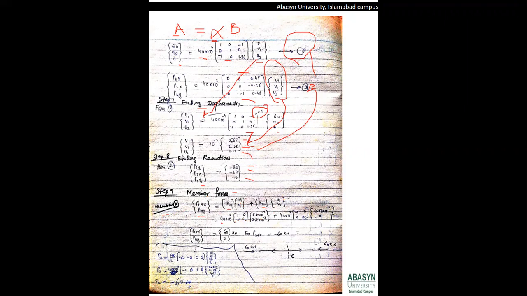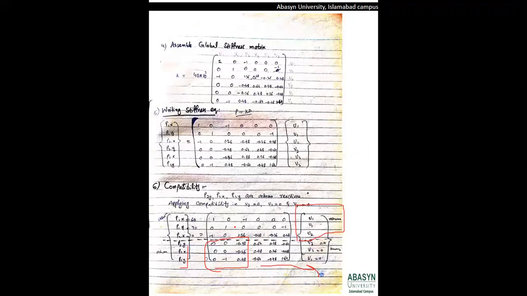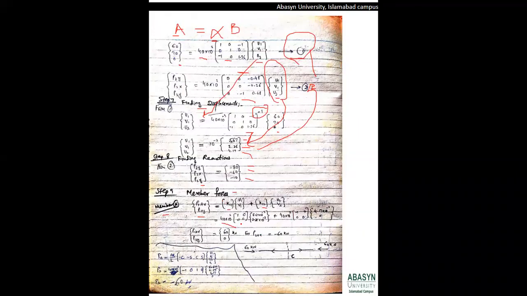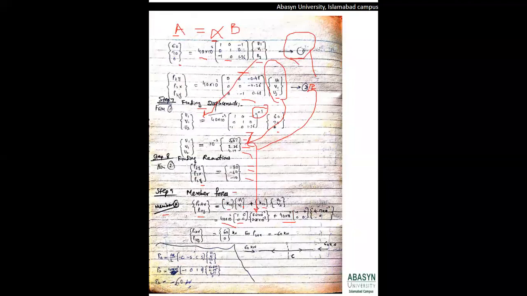And K11 is basically the first elements of the element stiffness matrix, that is 1 0 0 0, which is multiplied with the values of U1 V1 that we calculated in the last step, plus K12, which is mentioned here as minus 1 0 0 and 0. It is multiplied with U2 and V2.